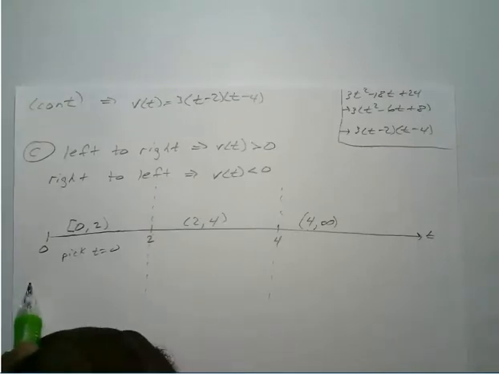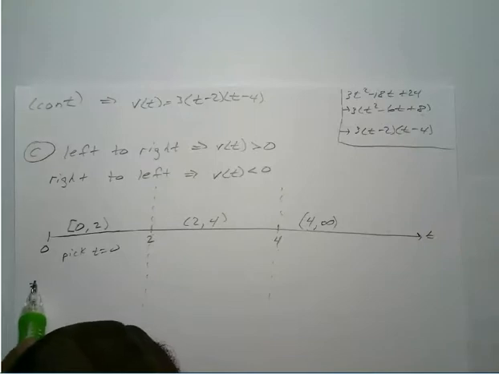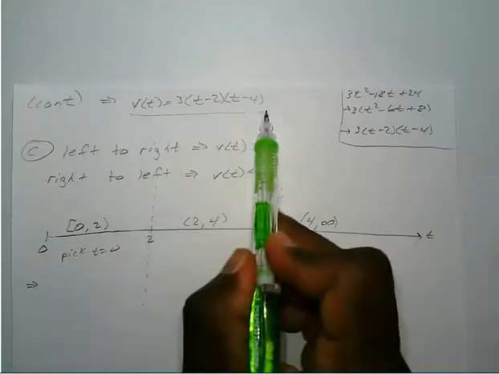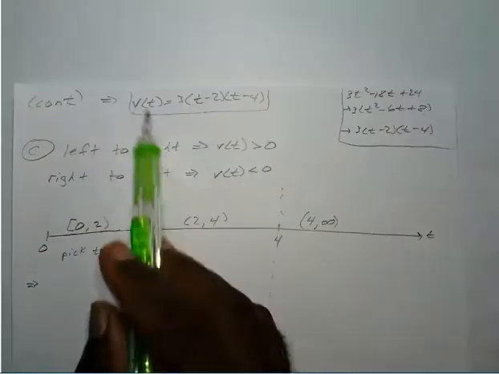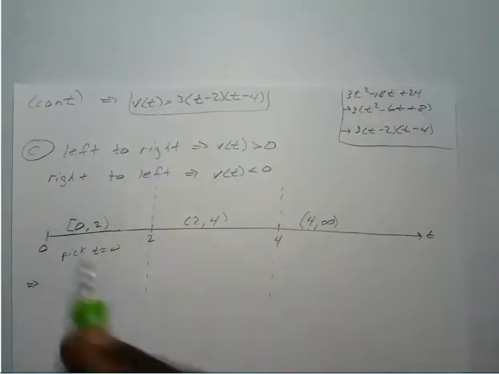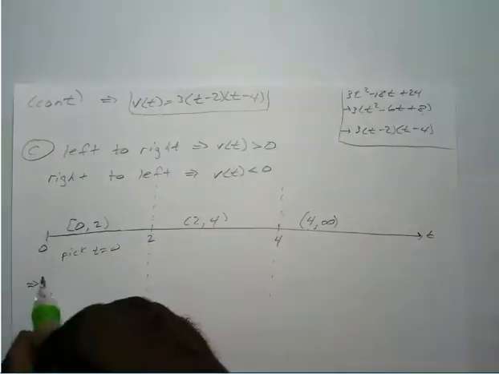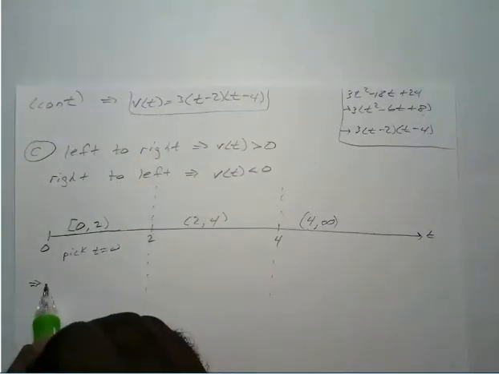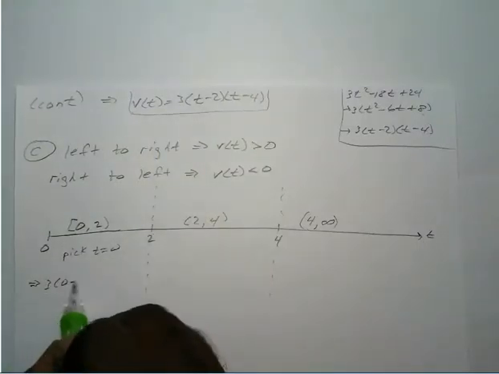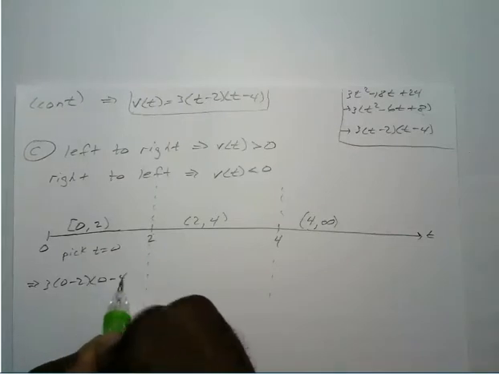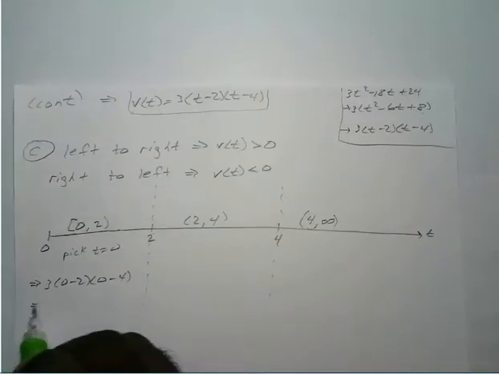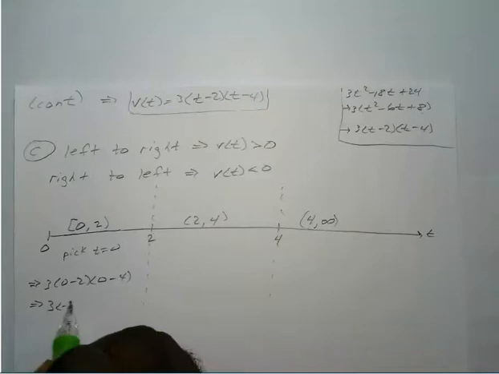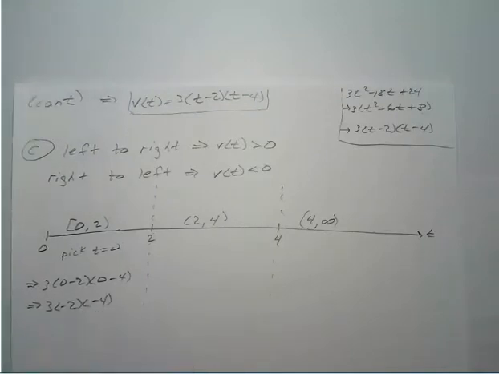We plug it in, and this is why I rewrote our velocity function this way. So v of t, if we plug in t equals 0, we have 3 times (0 minus 2) times (0 minus 4), which is 3 times negative 2 times negative 4.